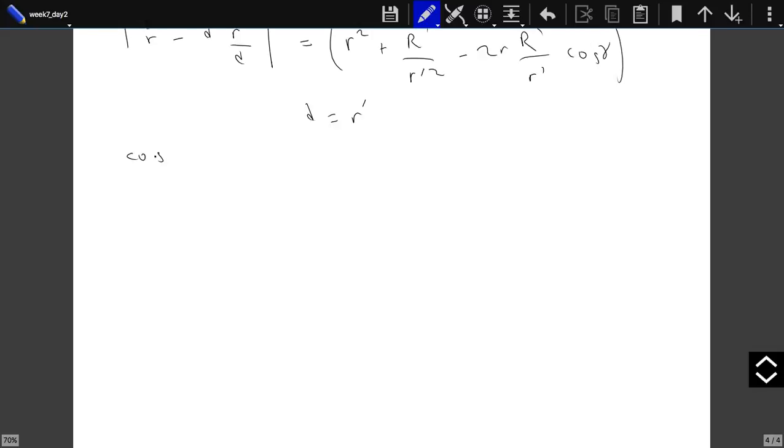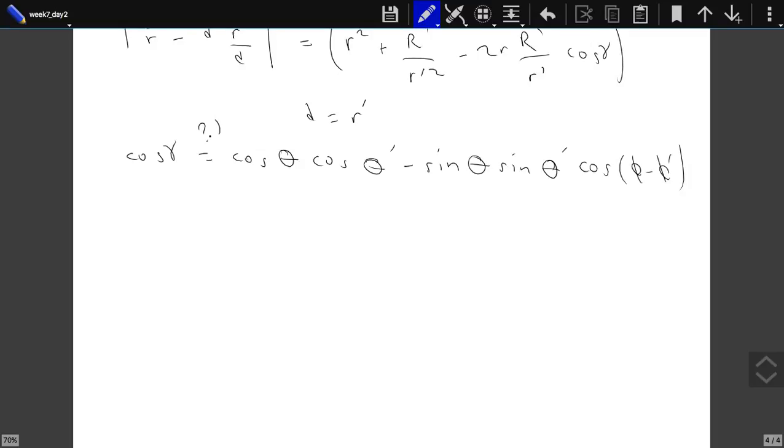In fact, cosine gamma was, if I am not wrong, cosine theta cosine theta prime plus sine theta sine theta prime cosine of phi minus phi prime. Check. It should have such an expression.